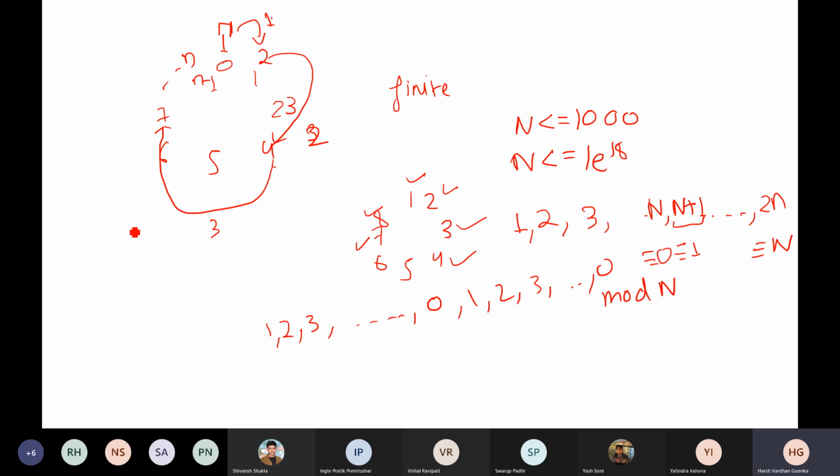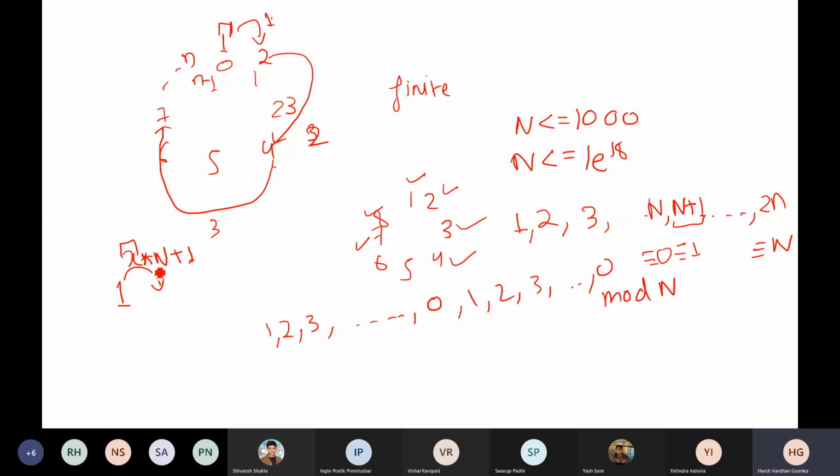I said that if I come back to position 1 and in the next move I have to move x into n plus 1, then it will visit the same set of numbers that it has visited till now. Yes. So we have to just find this x.